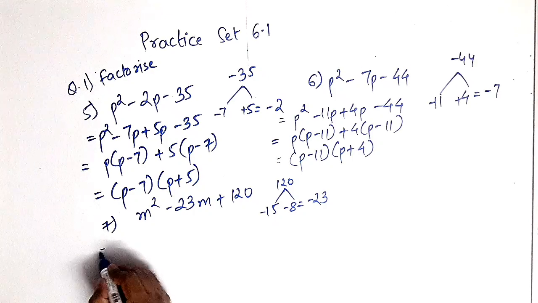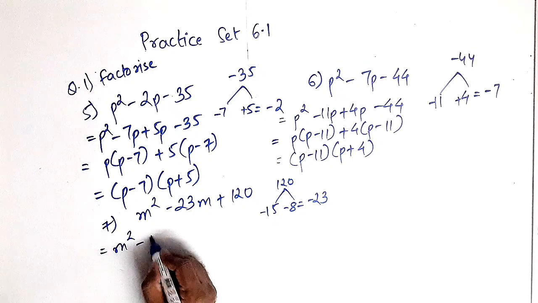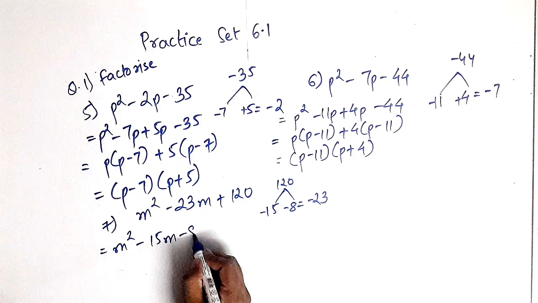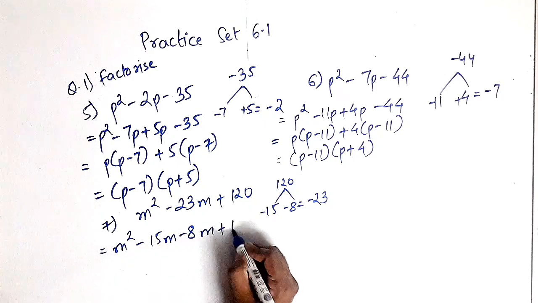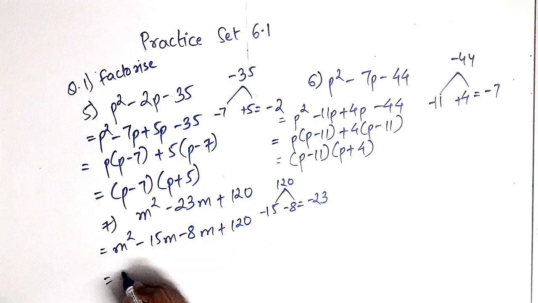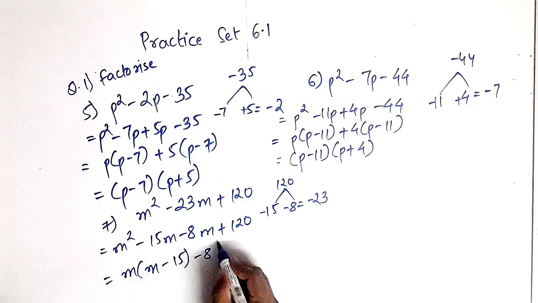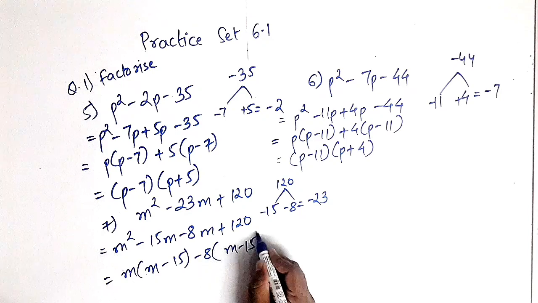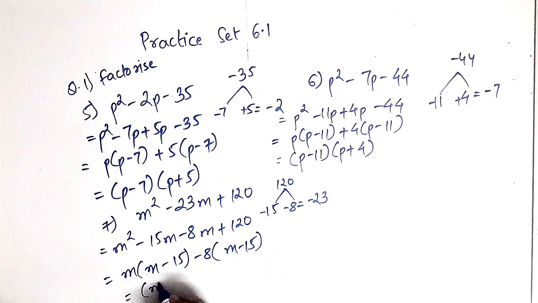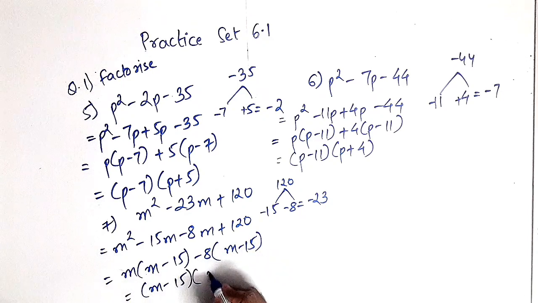So you will write here m square minus 15m minus 8m plus 120. m minus 15, m minus 8. This is how you will find the factors, very simple.